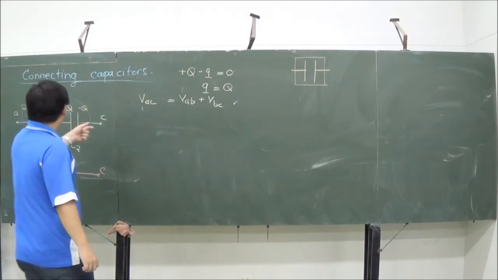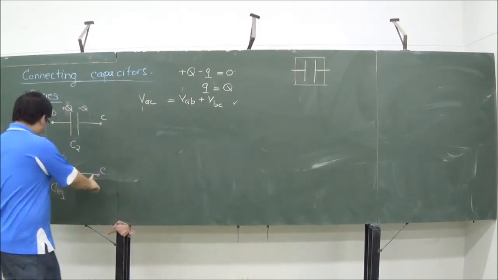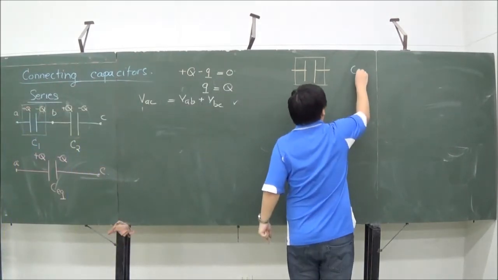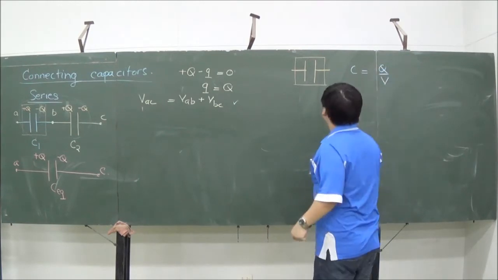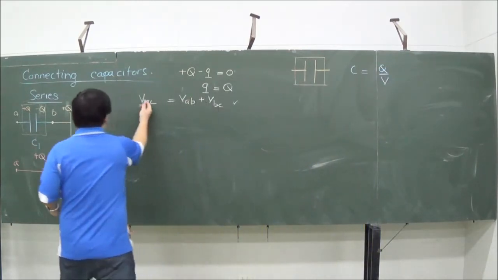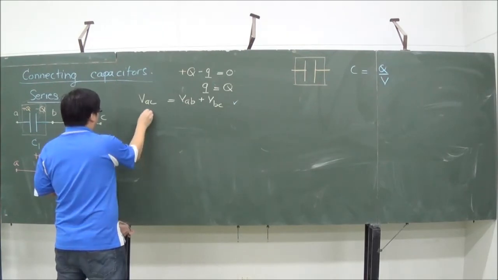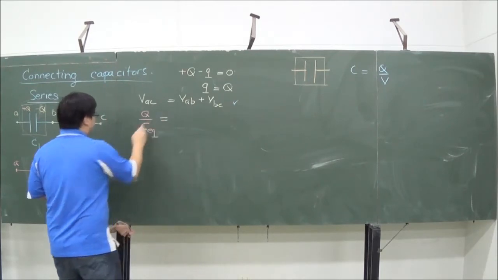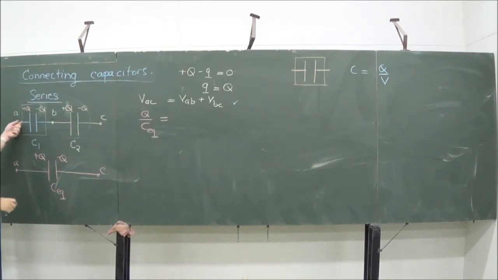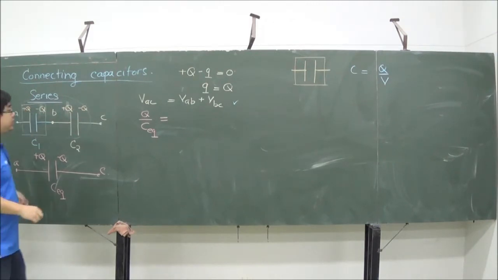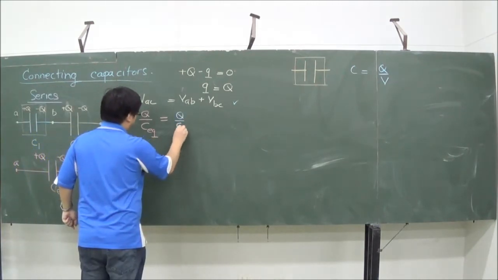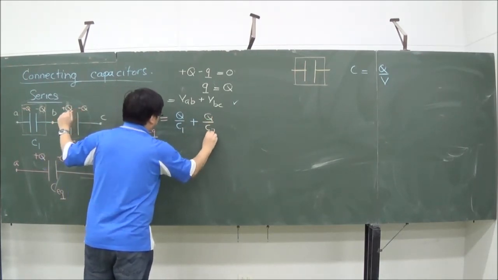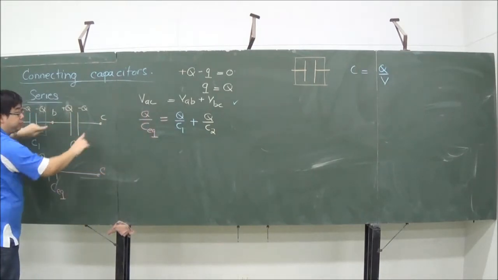What is VAC? If you look at the definition of capacitance, C equals Q over V. So V is Q over C. So I've got Q over C equivalent here, and this equals VAB, which is Q over C1, plus Q over C2, which is VBC here.